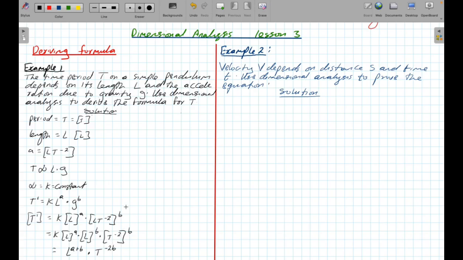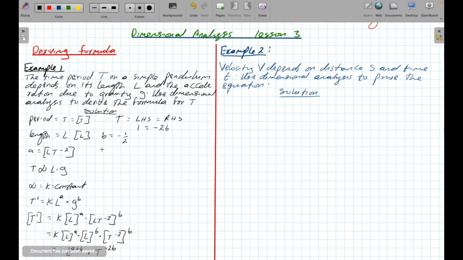Now by equating the power on the left hand side and right hand side, the power of T on the left hand side is 1, equal to the power of T on the right hand side, which is minus 2b. So equating the power, b will be equal to minus 1 over 2.